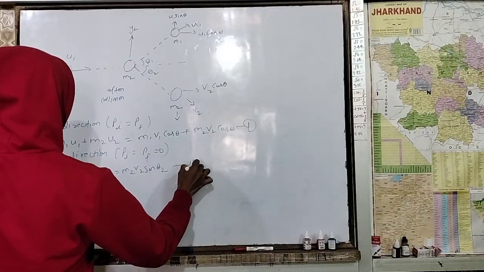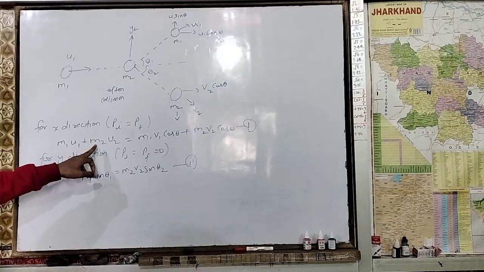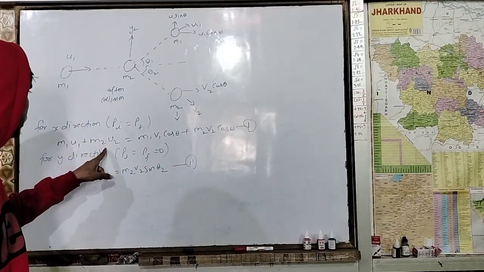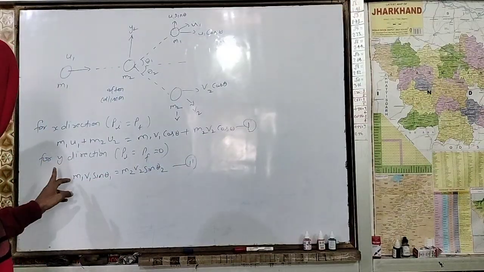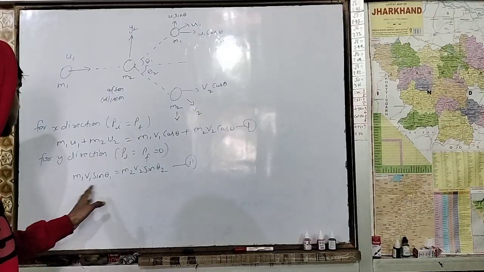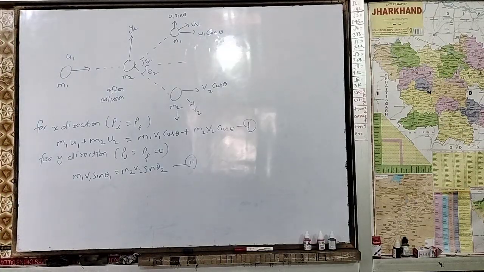Try to understand. This is the second equation. Look at it: before collision, momentum was this much, and after collision, momentum is this much. For the y direction, before collision and after collision, momentum is the same.